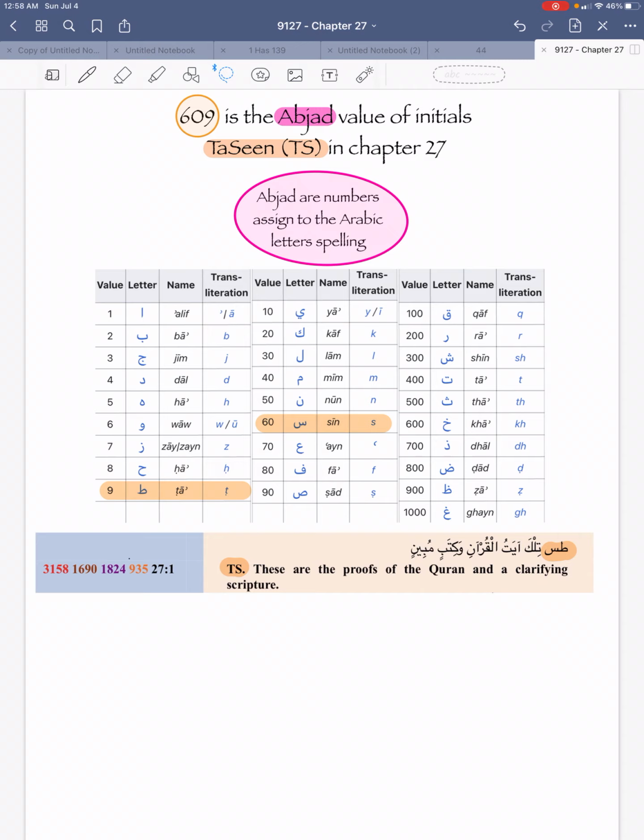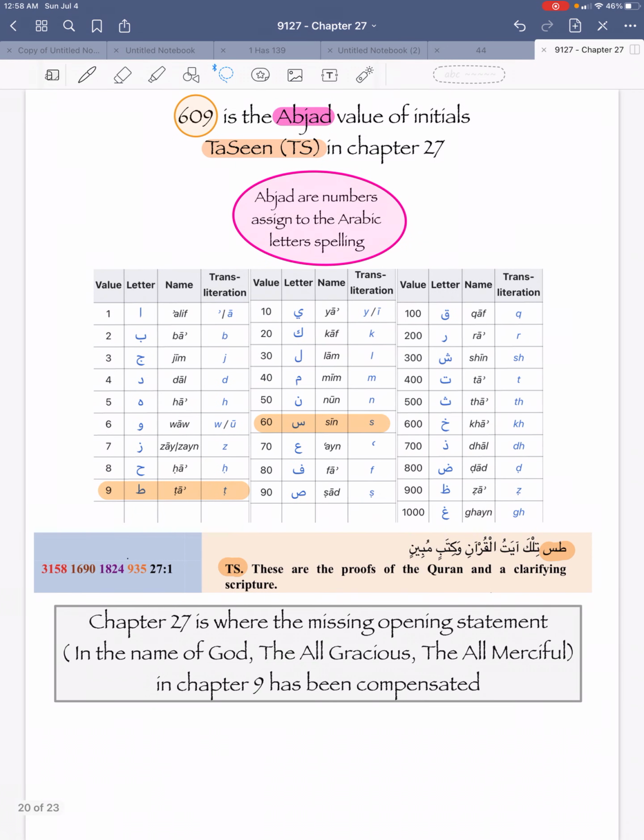And here is the relationship between 609 and chapter 27. In chapter 27 is where the missing opening statement in chapter 9 has been compensated.